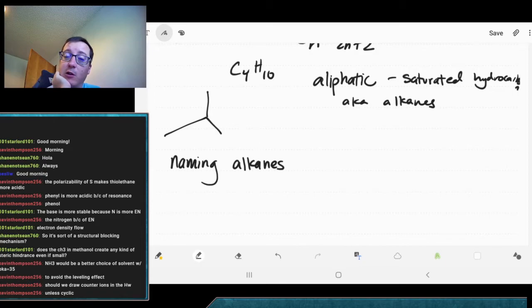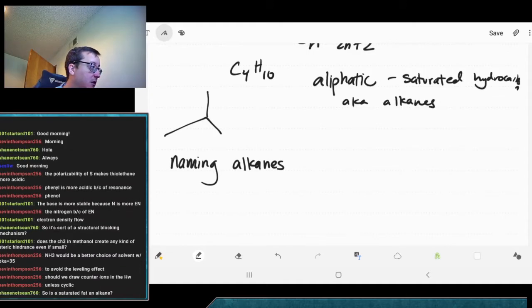We're going to see there are a lot of rules for us. Nothing so simple as sodium bromide here, unfortunately. Alkanes are our simplest functional group. So saturated fats have esters or acid groups on them, so they would technically not be alkanes. But they have large portions that are alkanes.